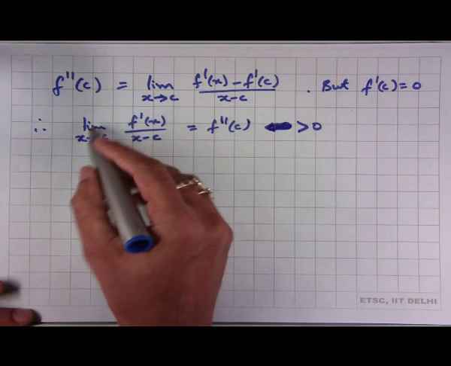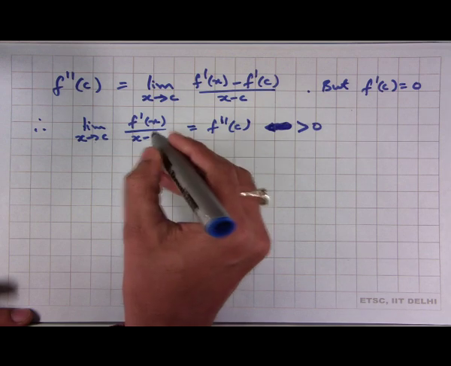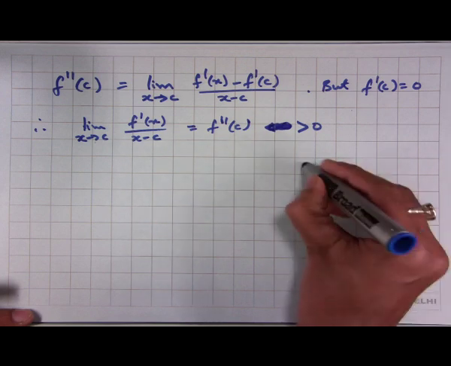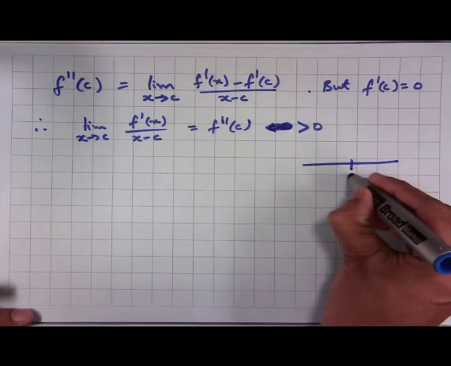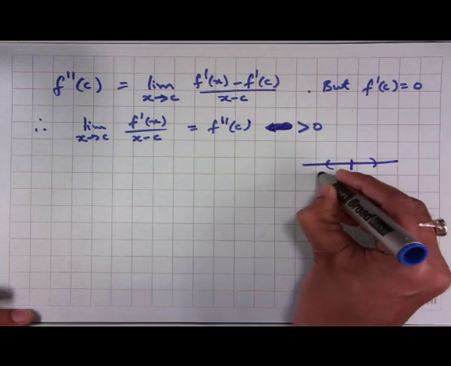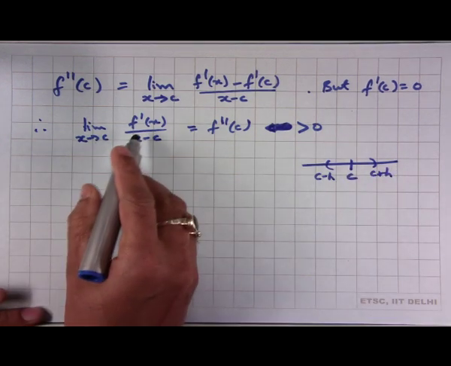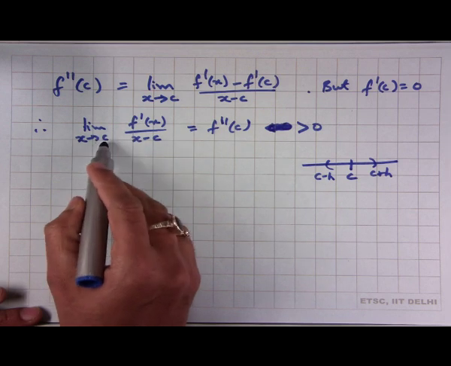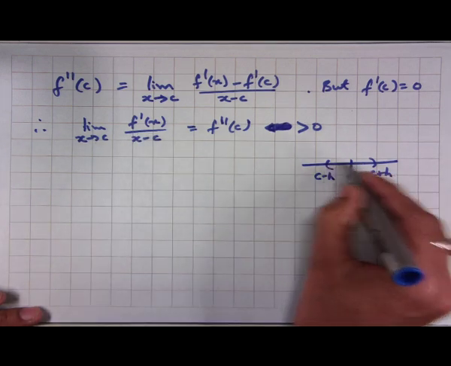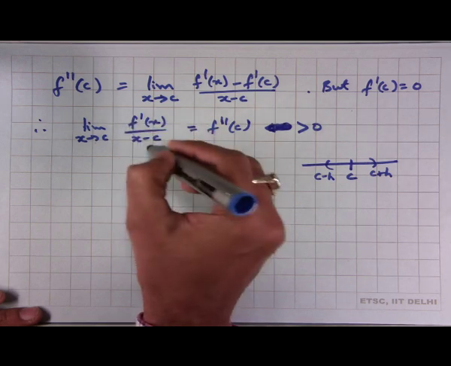What does that mean? If the limit is positive, then that means that if I take x, we have this point c and we have some c minus h, c plus h. This means that if I take h small enough, then the value of this must be positive.